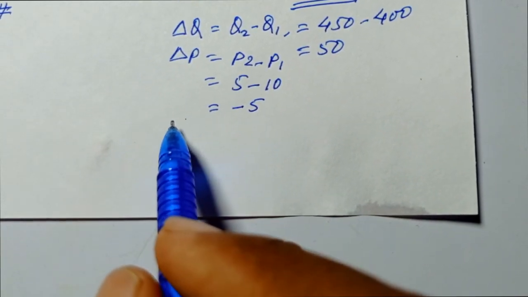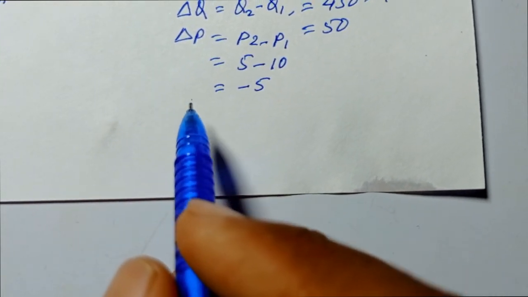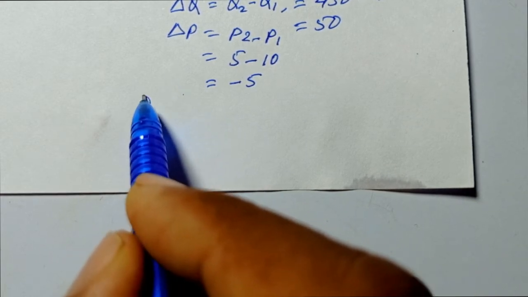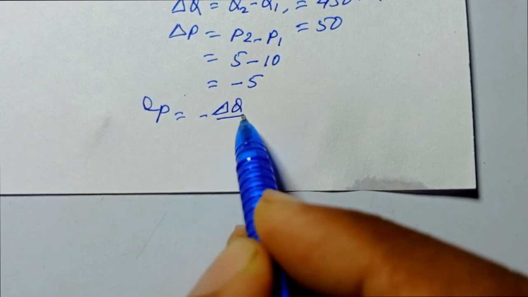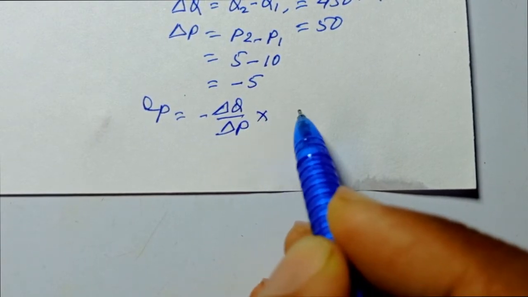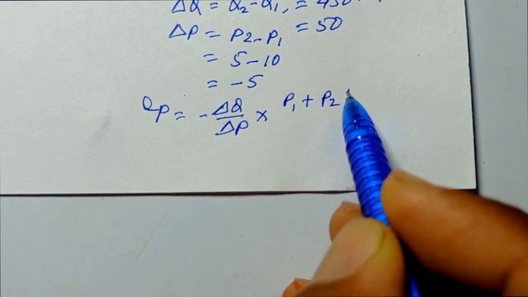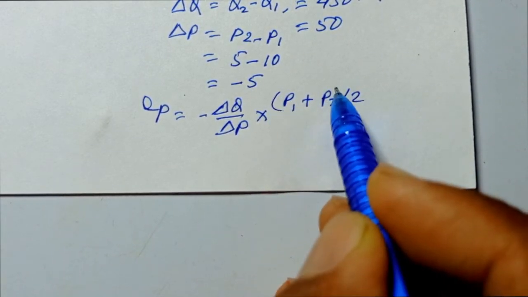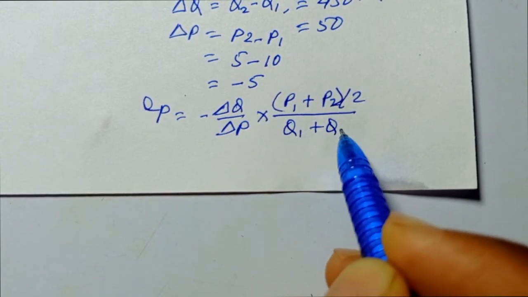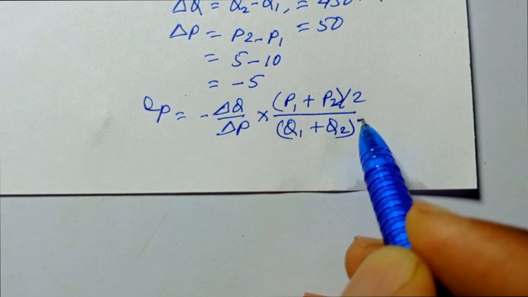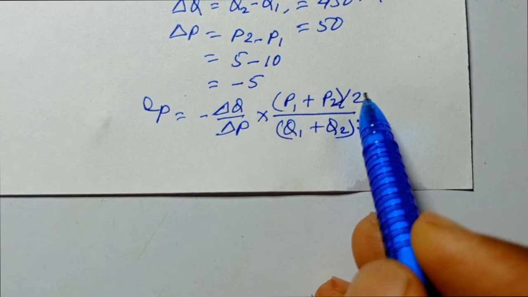Now you should find out the arc elasticity. Ep is equal to minus del Q by del P into (P1 plus P2) by 2, and (Q1 plus Q2) by 2. This is the formula for finding out the arc elasticity.